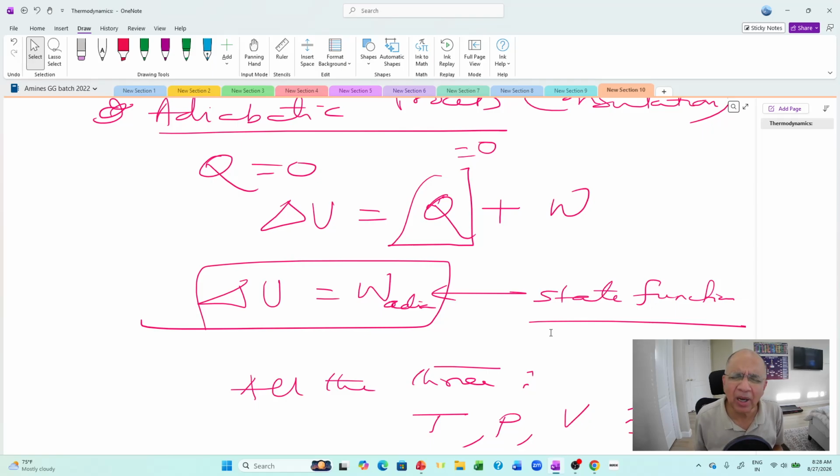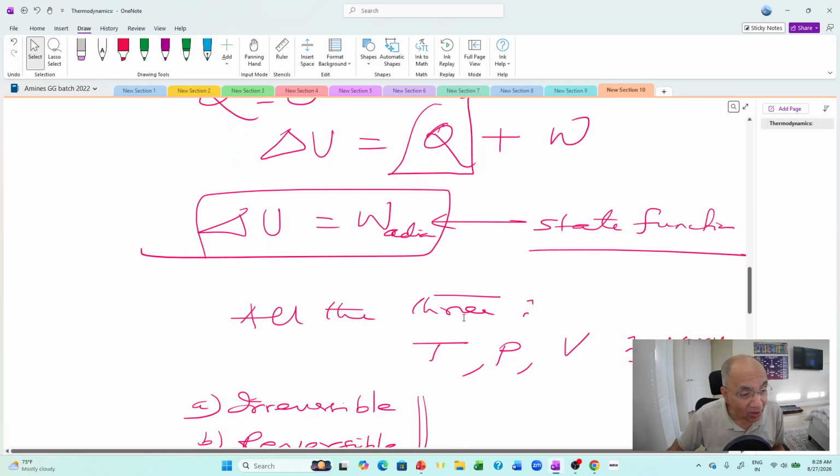No heat is coming out, unlike isothermal, to keep temperature constant. But here the system is spending its own energy for expansion. And as a result, temperature will gradually fall. More the expansion, more is the fall in temperature. So in this case, all the three vary. Temperature drops in expansion, and pressure drops, because volume will be more, pressure will be less, all vary.